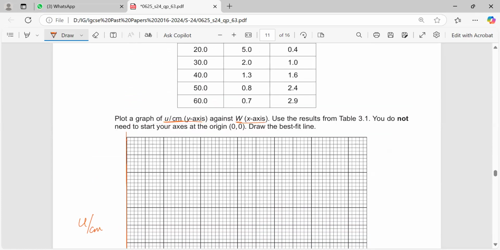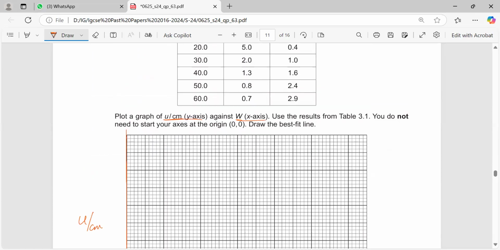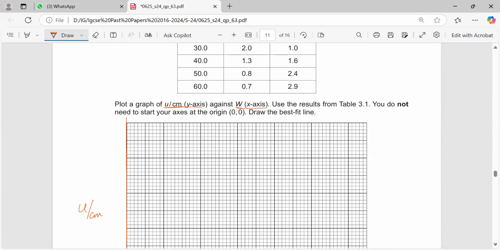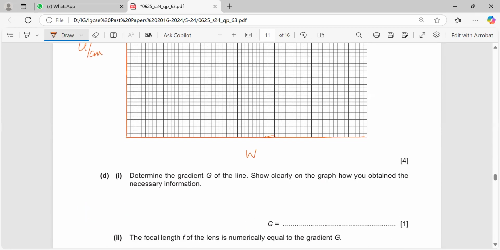We have to place these values. m values are from 0.4 to 2.9, and you don't need to start from 0, but we can even start from 0 here: 0, 0.5, 1.0, 1.5, 2.0, 2.5, and then 3.0.